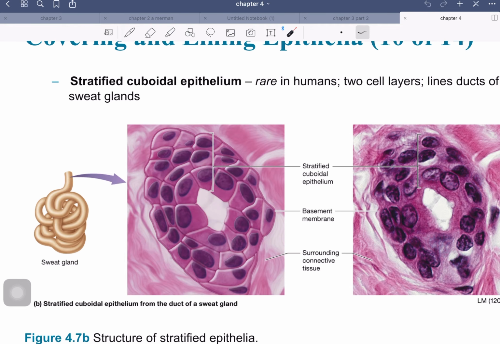And we can see it here, you can see that it's two-layered, very typical cuboidal cell, so it is stratified. And of course, we also describe the shape of the cell as part of the name.